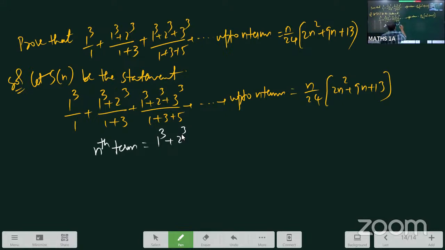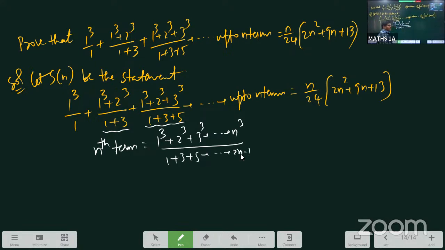Nth means 1 cube plus 2 cube plus 3 cube plus so on plus n cube. The denominator is the sum of the odd natural numbers, so that is 1 plus 3 plus 5 plus so on plus 2n minus 1. Why 2n minus 1? Sum of first n odd natural numbers will go up to 2n minus 1.